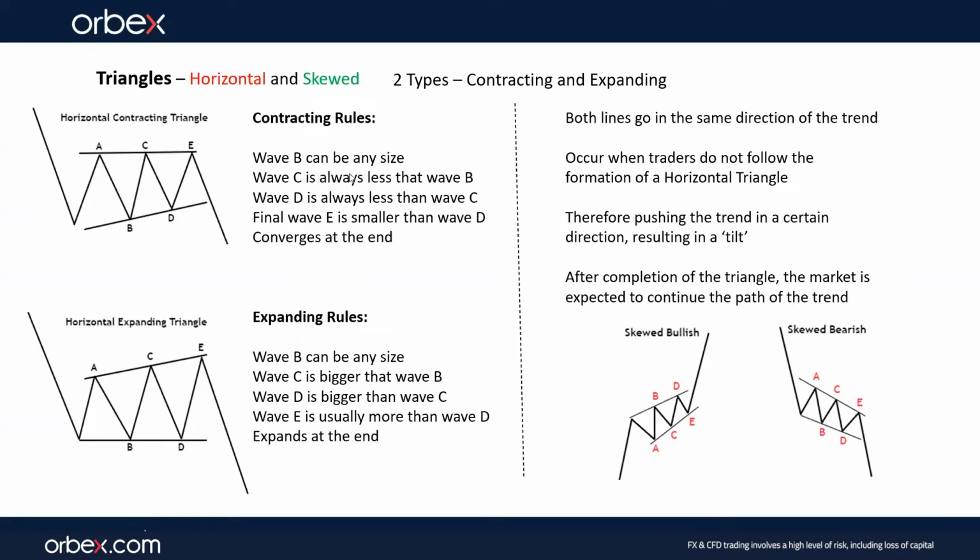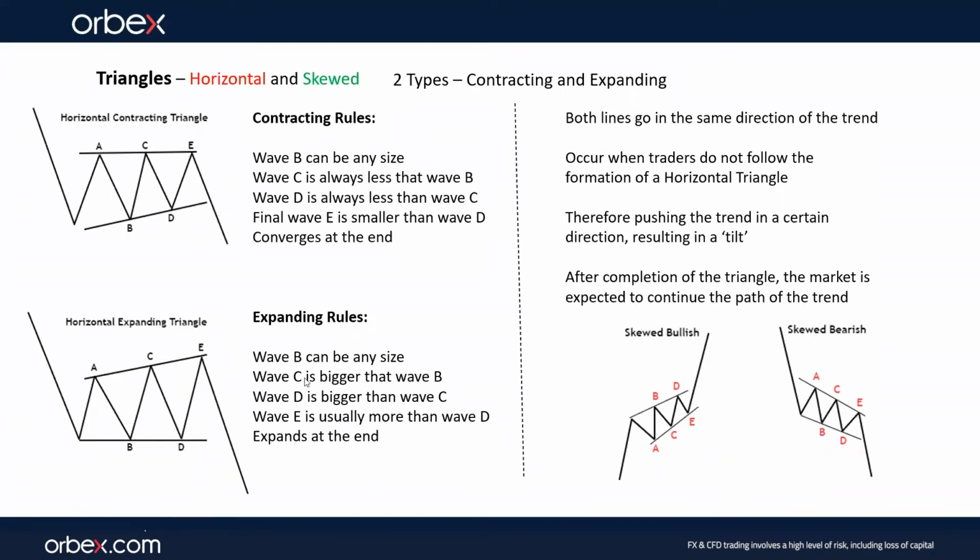So wave B can be any size, like we saw in the previous rules for the normal triangles. Wave C is always less than wave B. Wave D is always less than wave C. And the final wave E is smaller than wave D because it converges at the end, as you can see here.